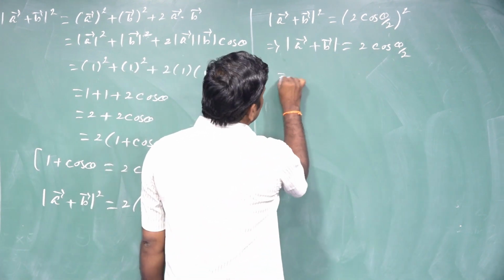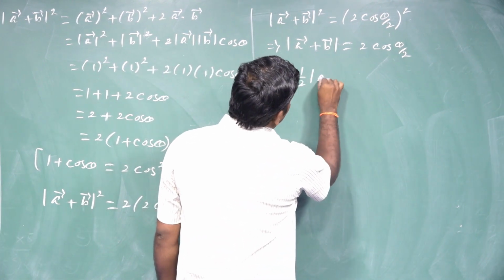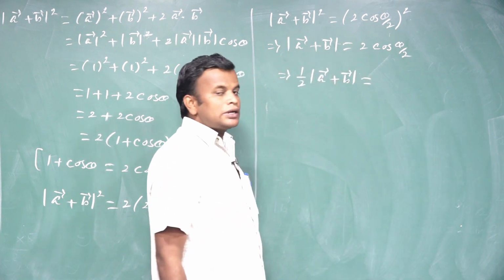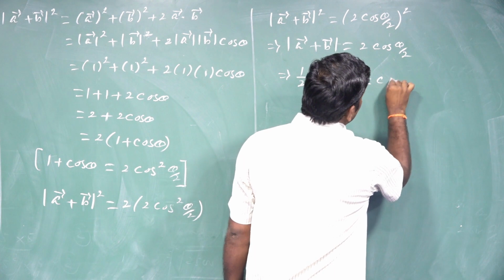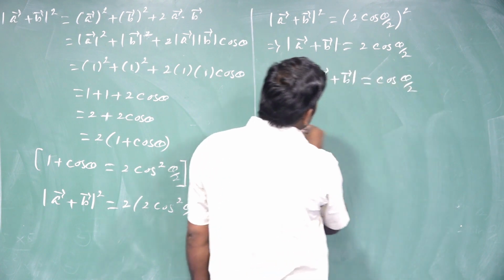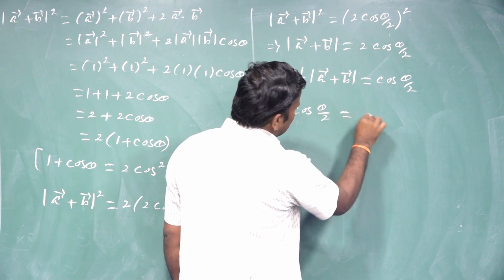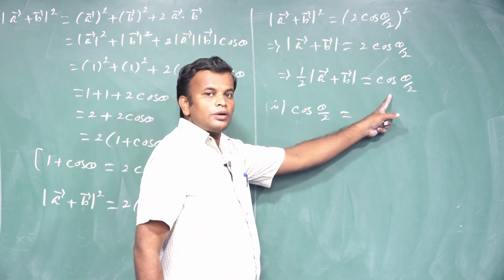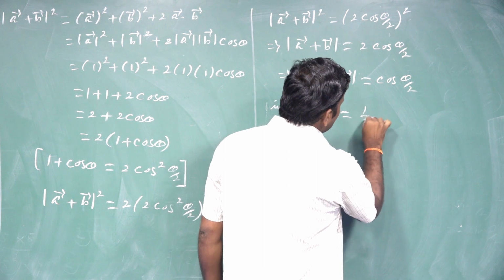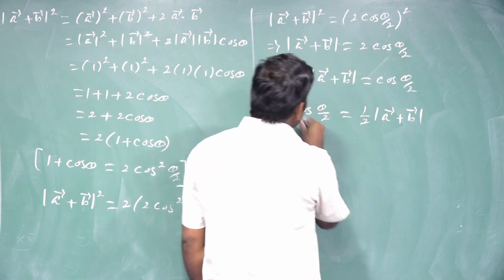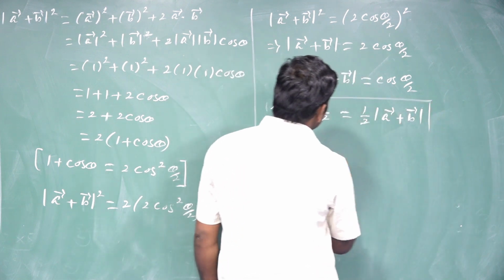So half of modulus of A vector plus B vector is equal to cos theta by 2, that is, cos theta by 2 is equal to half of modulus of A vector plus B vector.